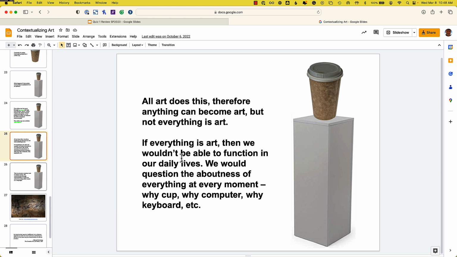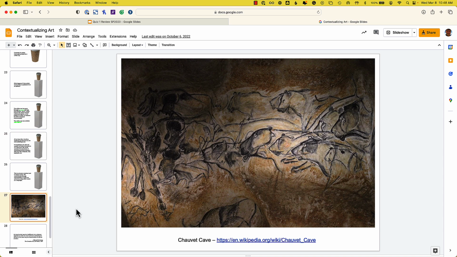Now, I tie this into it being a deeply human thing to do, to represent. We talked about the Chauvet caves, and this idea of really needing representation and needing art in order to create that aboutness that humans on a deeper level require in order to help us make sense of the world.